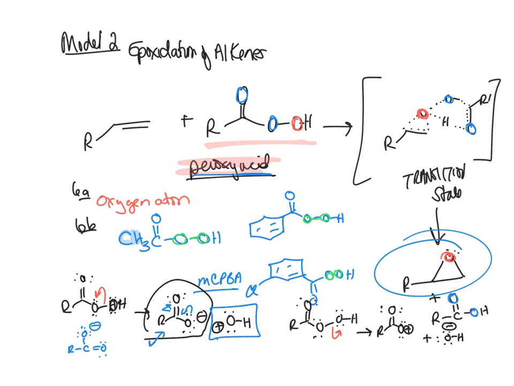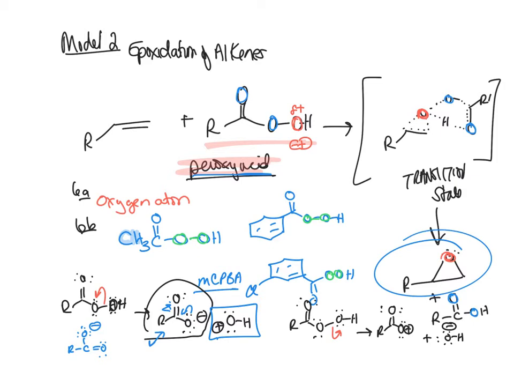Based on your answer above, predict which oxygen of the peroxy acid is likely to act as the electrophile. Okay, so obviously this would be your electrophile, oxygen. Circle the oxygen in the peroxy acid in Model 2. Oxidation occurs by forming the transition state formed in Model 2.